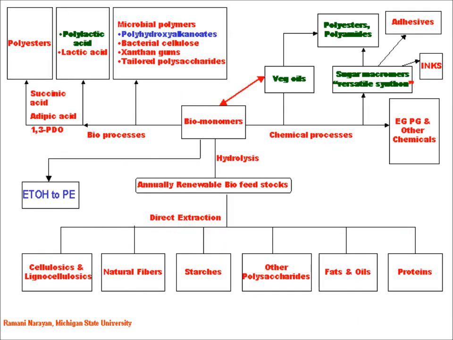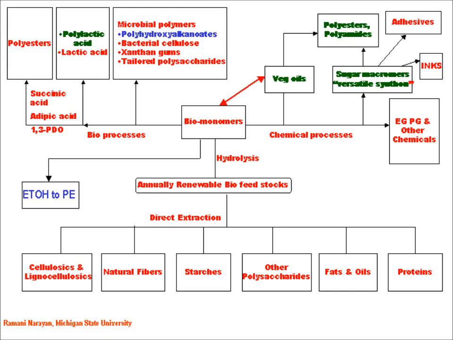Examples are given there. You can use fats and oils. Vegetable oil as a platform for making all sorts of products is possible. And you can use soybean and all the other products which you see listed there. And you can use protein.